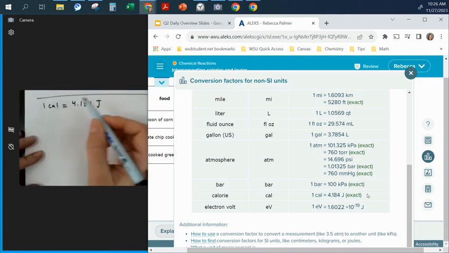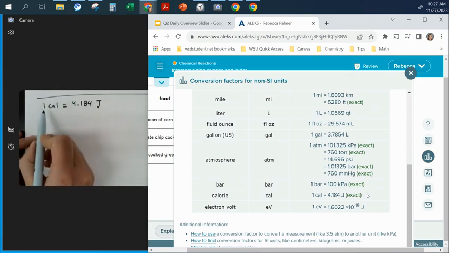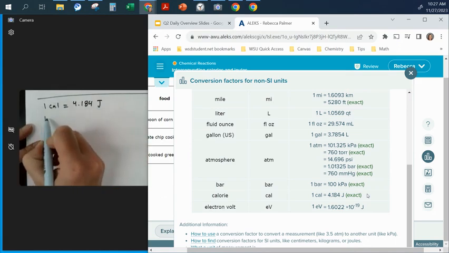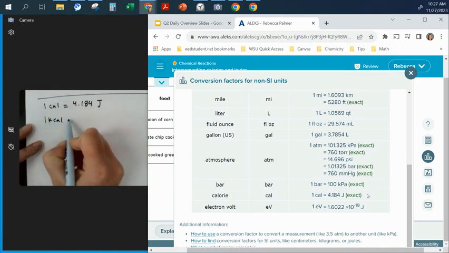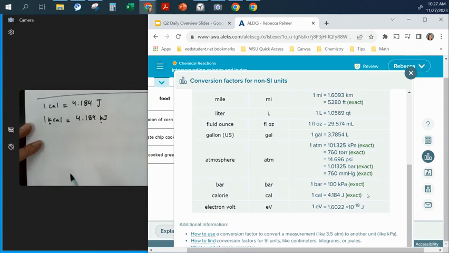It's not really that tricky. I'm just going to put a K in front of both of these. So I'm going to times both sides by 1,000. So 1 kilocalorie is the same as 4.184 kilojoules. By putting this K here, I'm just multiplying both sides by 1,000, okay? And this is gonna be more useful to me on this Alex topic, okay?